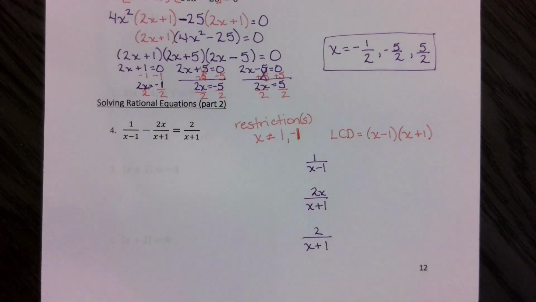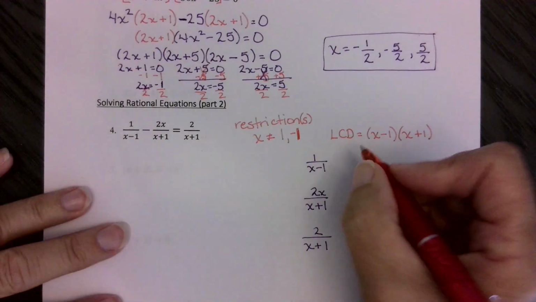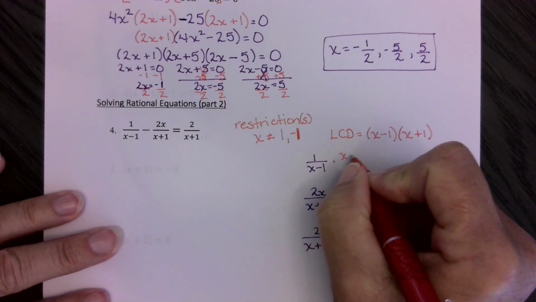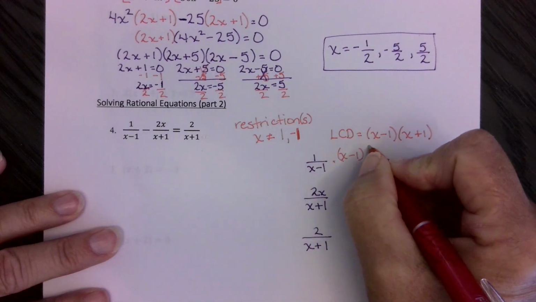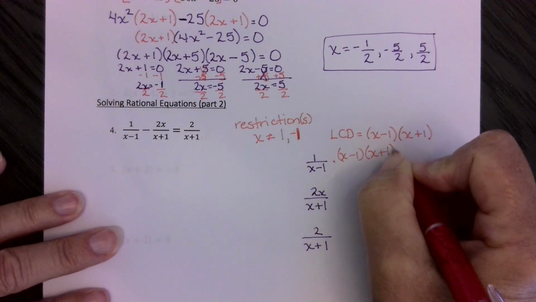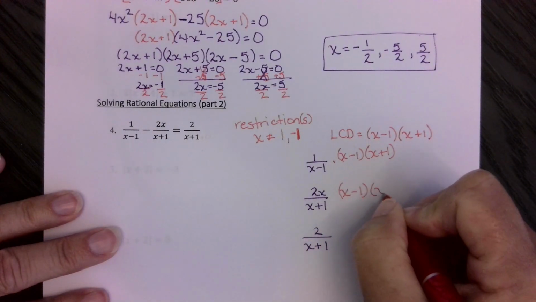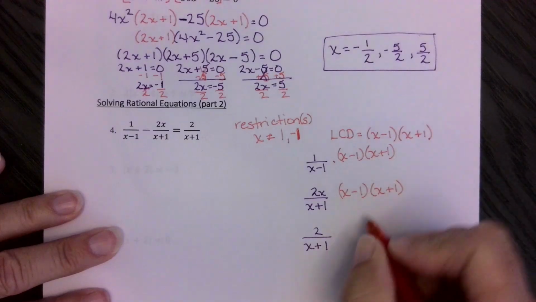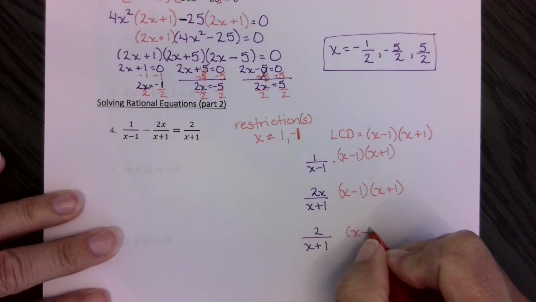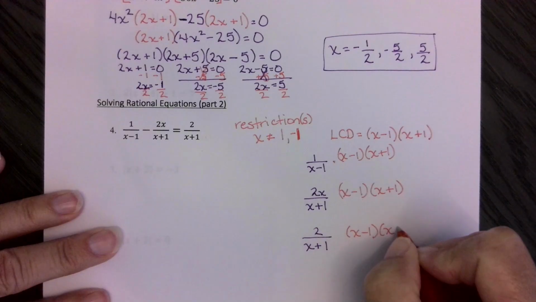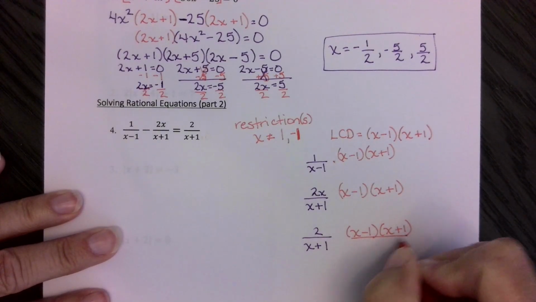All right, so you take your least common denominator and you multiply everything you see by that. And these are over 1.